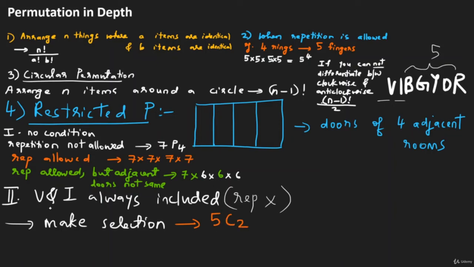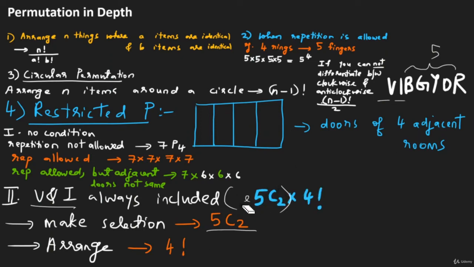Alright, now along with V and I and these 2 items which we have selected, we have 4 colors. Now we have 4 doors to paint. So 4 colors in 4 places can be arranged in 4 factorial ways, right? We have already seen that n items in n places can be arranged in n factorial ways. Therefore, making a selection of 2 more colors and arranging the 4 colors can be done in 5C2 into 4 factorial ways, right?